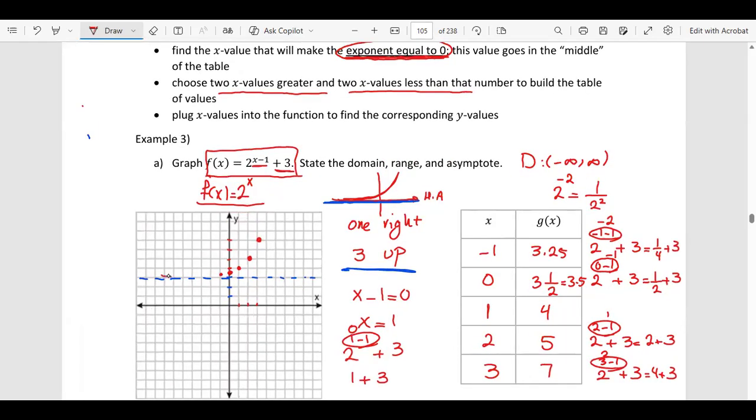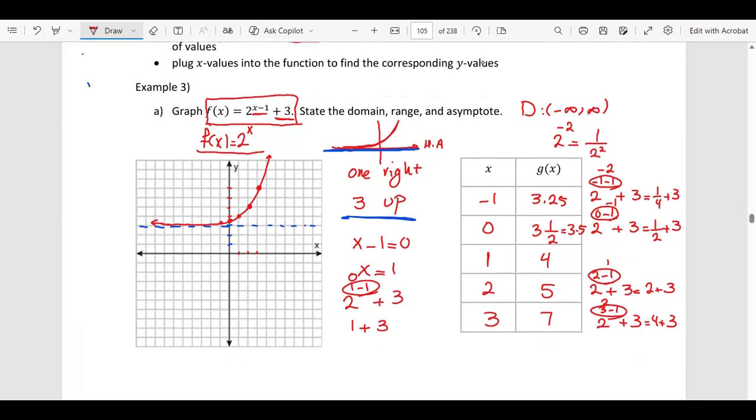Okay, now you can graph the function. It's a curve. And on each side it goes to infinity, because the domain is all the numbers from negative infinity to positive infinity. Okay, and make sure that you're not crossing or touching the asymptote.